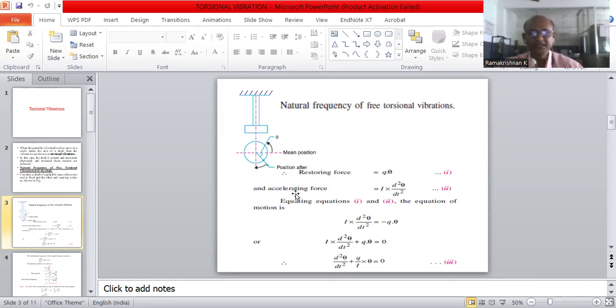Then the accelerating force is I into d squared theta by dt squared. Both are equated for the equilibrium condition, with a minus sign as the motion is opposite. So we have the equation.